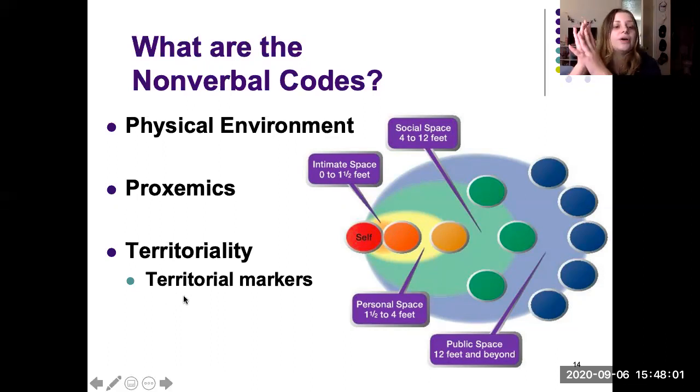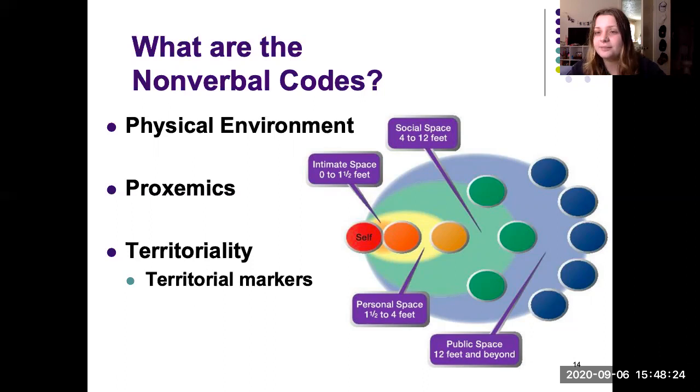Territoriality refers to the dominance and owning of spaces. For example, and again, in person this would make a bit more sense, I don't know if you guys have ever heard of the unassigned assigned seat.